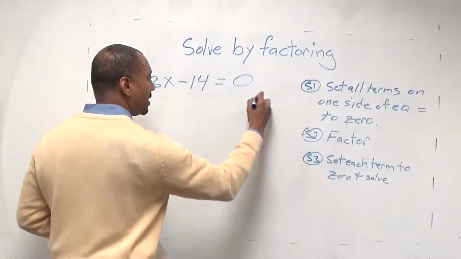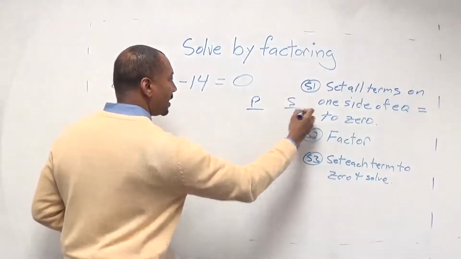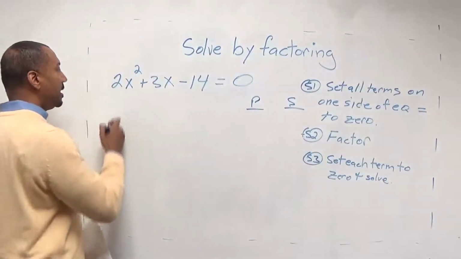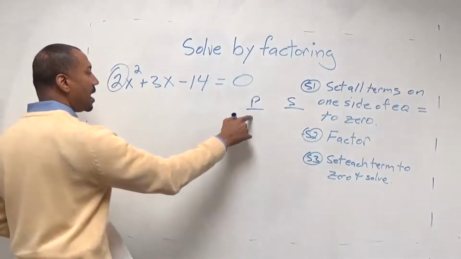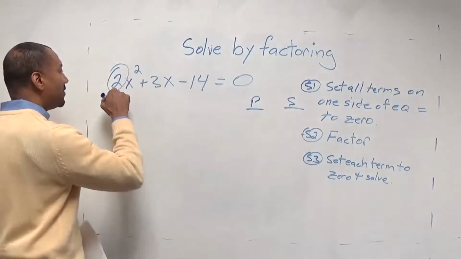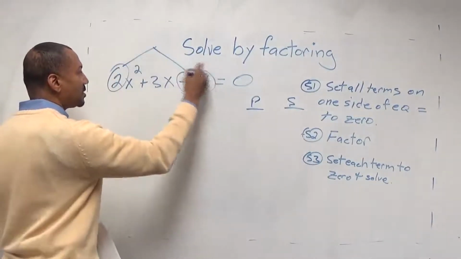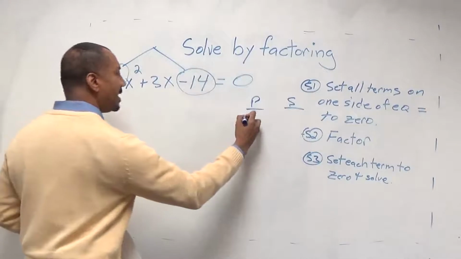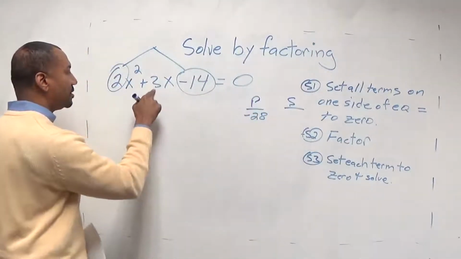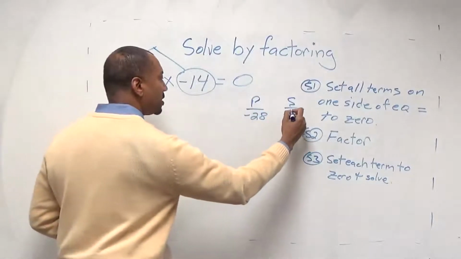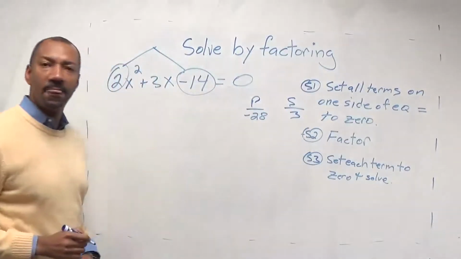So off to the side here, I'll get a P for product, an S for sum. You know, I hope, that under product, we will take the coefficient here times my last term. That's going to give me a negative 28. And under sum, I'll put this coefficient, which is just a positive 3.